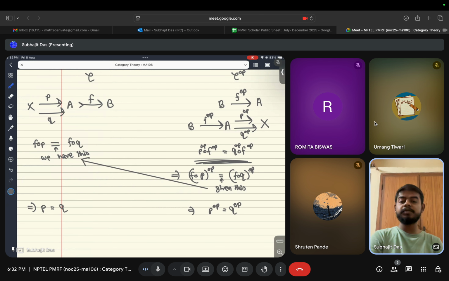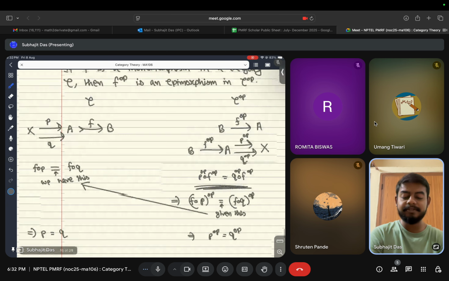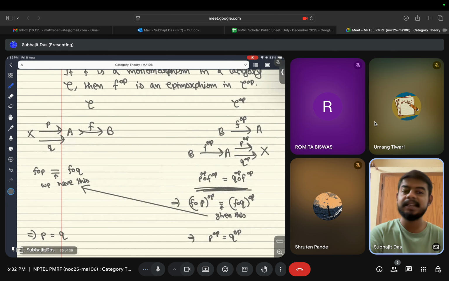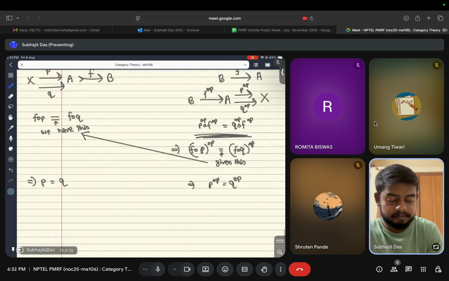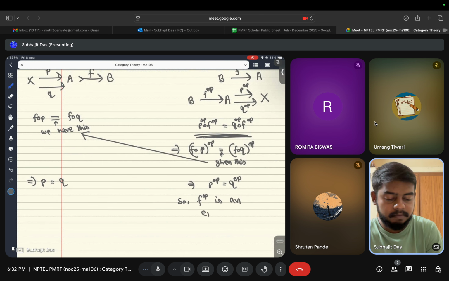So what I'm trying to say is we started with F, which is a monomorphism in C, considered F op, and we saw that F op is right cancelable because F is left cancelable in C. Right? So F op is an epimorphism in C op.